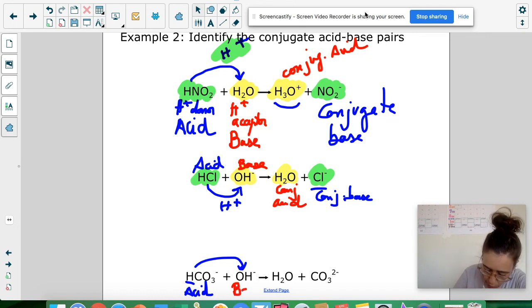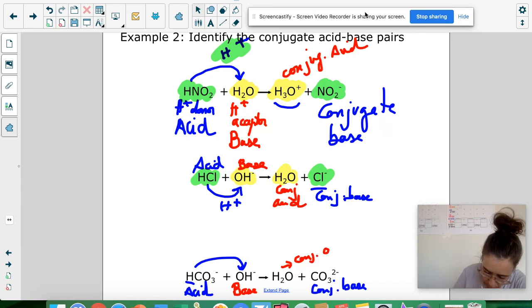Now, when the acid gives the proton away, it becomes the conjugate base. So the conjugate base of that acid is the carbonate. And then when the base, which is the OH, gains one proton, the water is going to be the conjugate acid of the base.